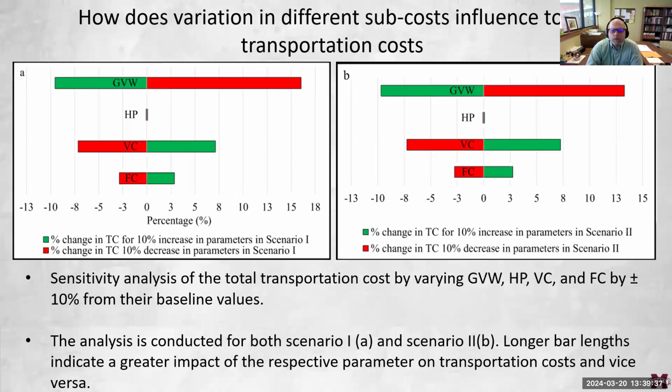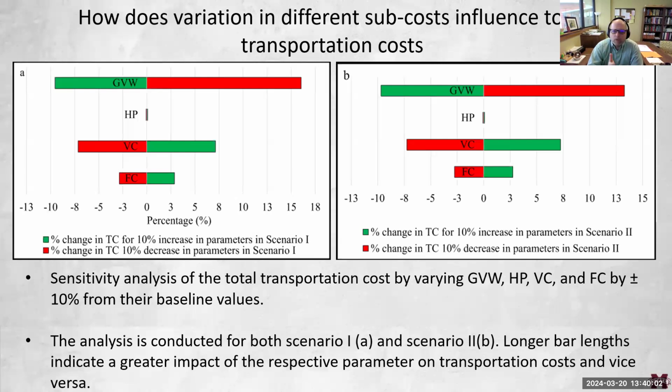And so what we wanted to look at was which of these matter if we increase and decrease them: gross vehicle weight, hauling premiums, variable cost, and fixed cost. If we increase and decrease those by 10%, both in scenario 1 with no obstructions and in scenario 2 with obstructions, how do things fare?